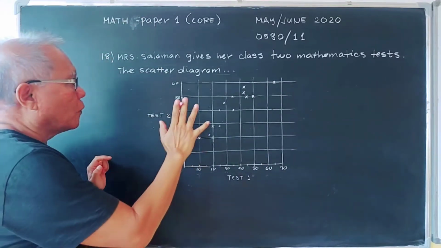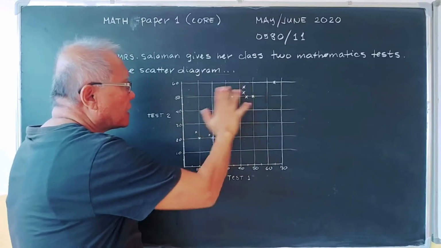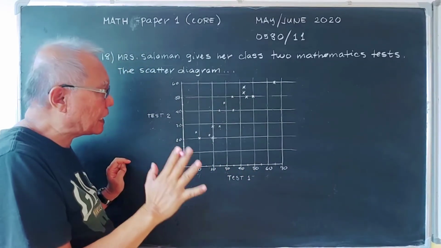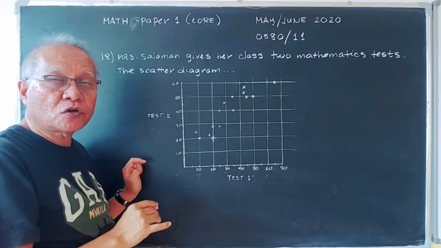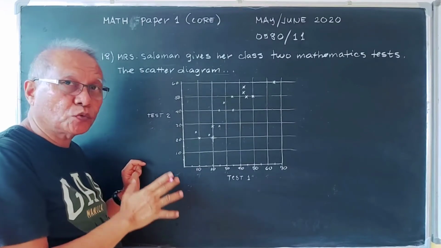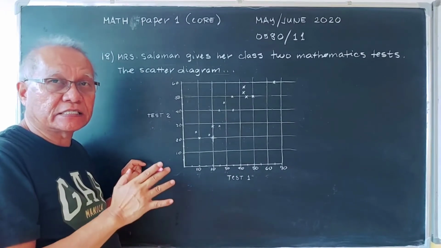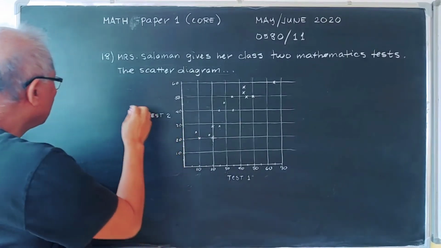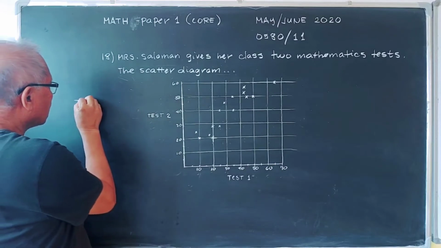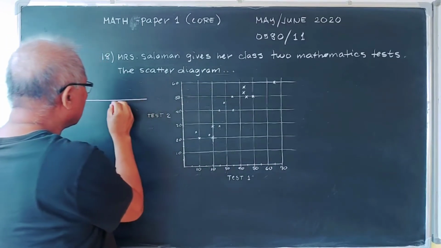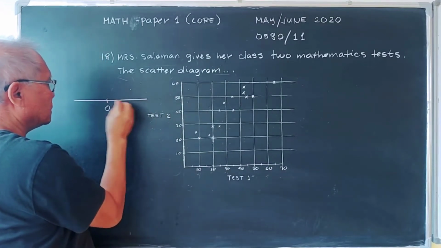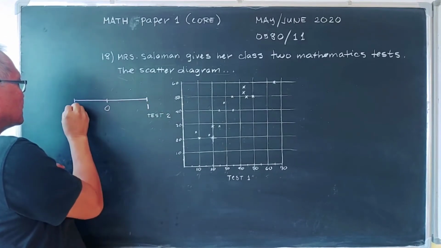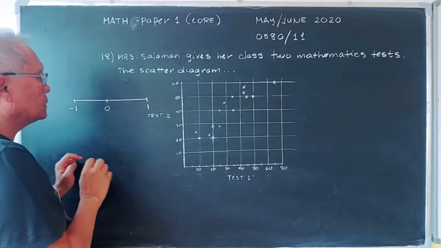Now, when the points are scattered throughout so that we can't draw any line, then there is no relation between the two quantities. It is a zero correlation. When we have a correlation, this one is 0, this one is 1, and this one is negative 1.